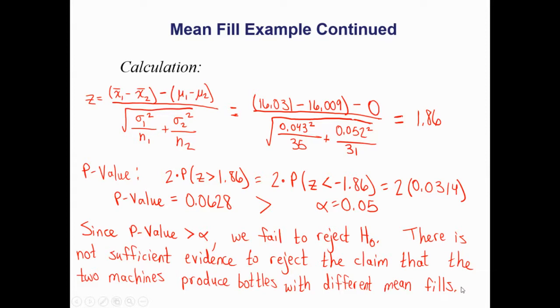Wouldn't that be the same? Let me think. To reject the claim, there's not sufficient evidence to reject it. Yes, you're right. The same. You're right.